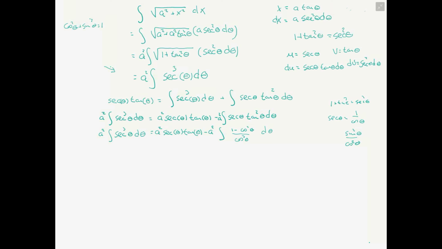And now we break this up into two integrals. We've got a squared secant to the third theta d theta equals a squared secant theta tangent theta minus a squared secant to the third theta d theta plus a squared secant theta d theta.